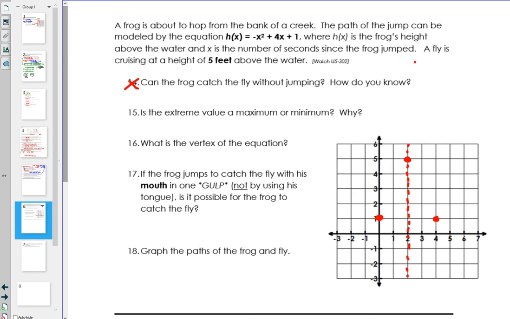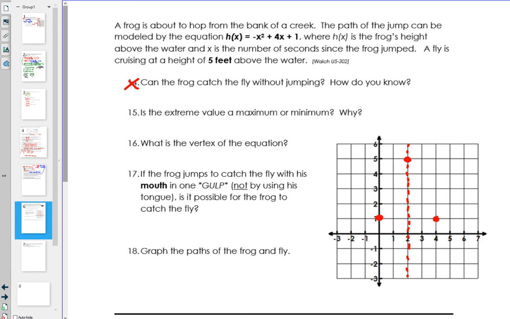I was trying to figure out where it was going to touch the x-axis, but it's not going to be a whole number, and it doesn't look like they're even going to ask it. So let's just answer the questions.